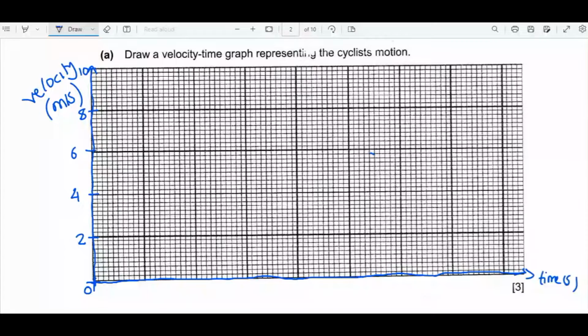Then we'll do the same on the x-axis. So we have 2, 4, 6, 8, 10, 12, 14, up to 16. The first point we are going to plot is 0, 0.